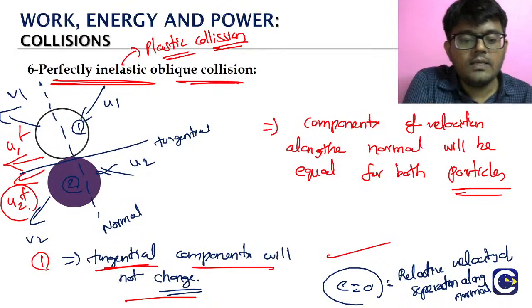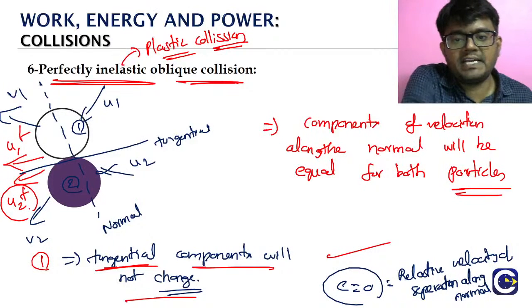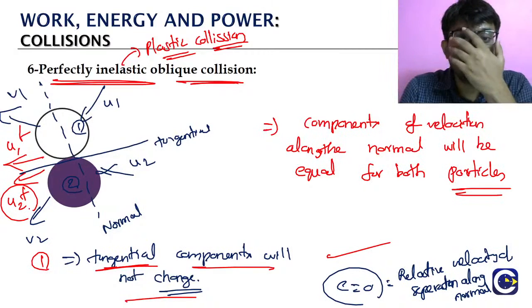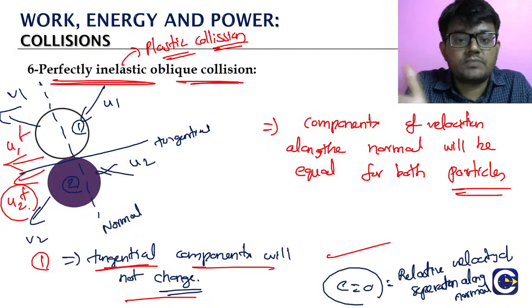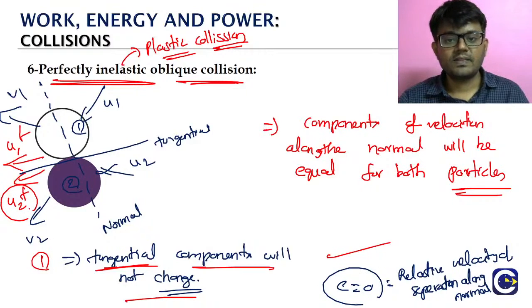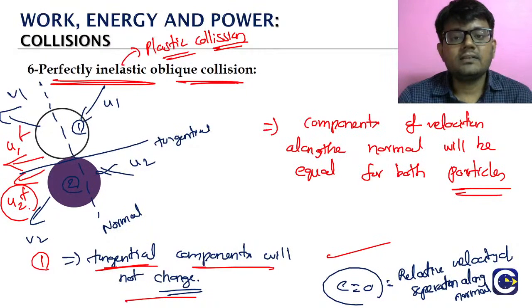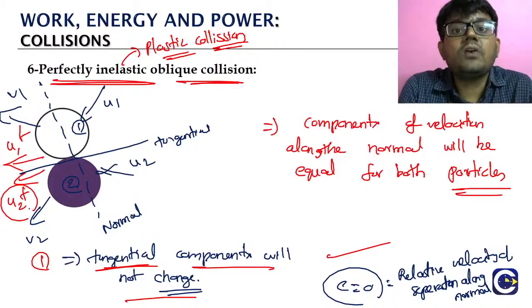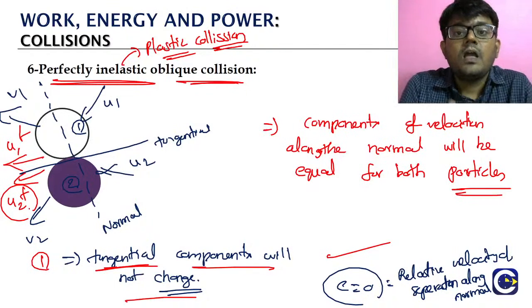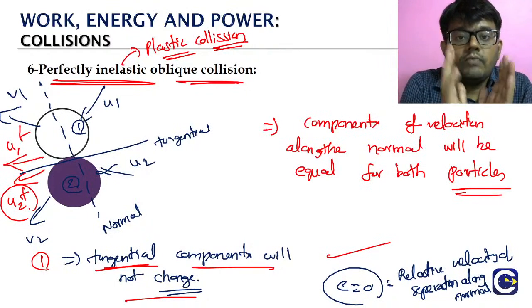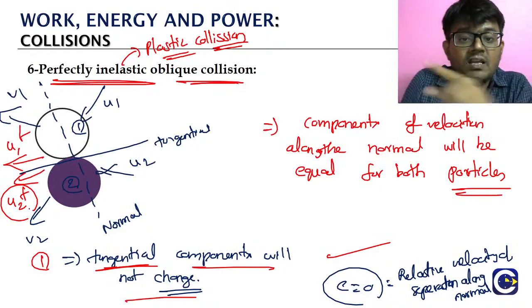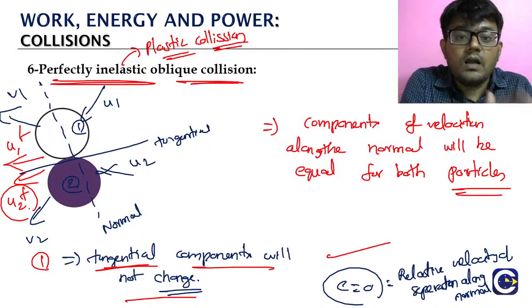Understand? In the head-on case we have simply said that after collision they will stick and move. A lot of people remember it like this only: perfectly inelastic means the objects stick and move. But in the case of oblique it need not be like that. We are not saying it will not be, we are saying it need not be. After collision only the normal components of velocities become equal for both particles, but the tangential components keep their original values.